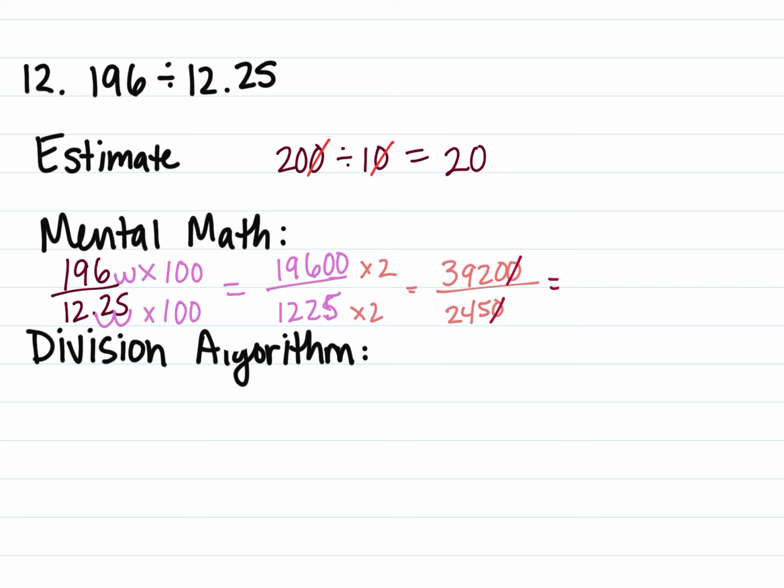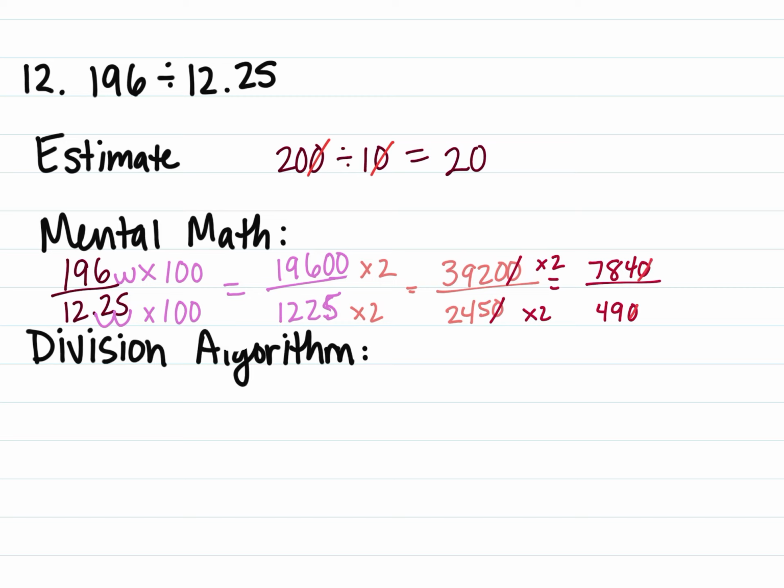And we can multiply by 2 again. 2 times 245 is going to be 490. And then on the top, I should have 78, and then a 4, 7,840.